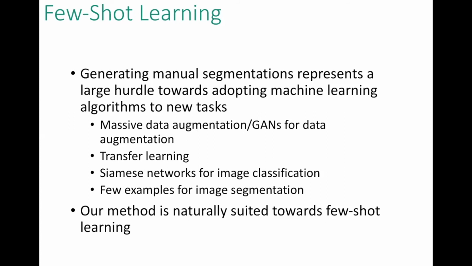For example, if we want to do brain tumor segmentation, the BraTS data set has thousands of images, but those all have to have manual segmentations on them. So they all have to have ground truth, someone delineating those boundaries. And so we think our method is naturally suited towards learning from a few images because we get so many training image label pairs per fully annotated image.